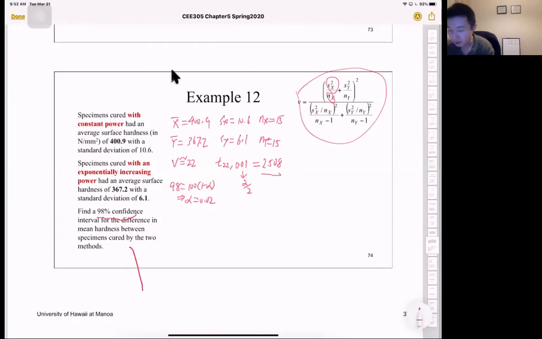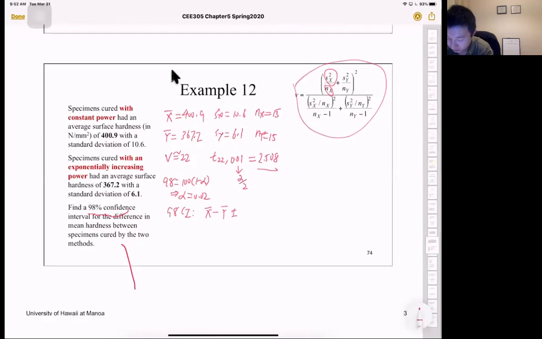So then we can calculate a 98% confidence interval, based on the equation in the previous slides, equal to the mean value of x minus the mean value of y plus or minus the t-value, which is 2.508, times the square root of sx squared over sample size nx plus sample standard deviation sy squared over ny.